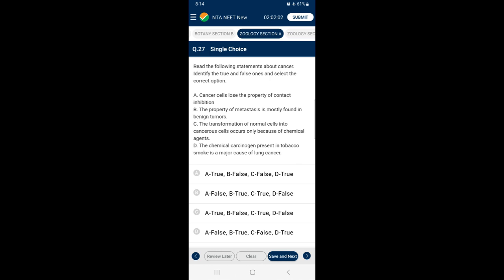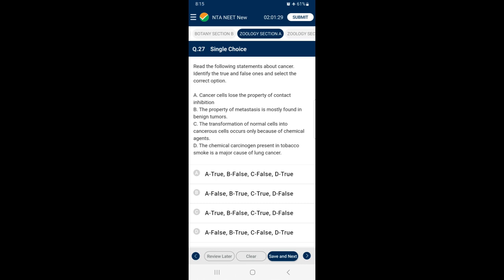Question number 27. Four statements are given. Read the following statements about cancer, identify true and false ones and select the correct option. Statement A, cancer cells lose the property of contact inhibition. That is true. B, the property of metastasis is mostly found in benign tumors. That is false.